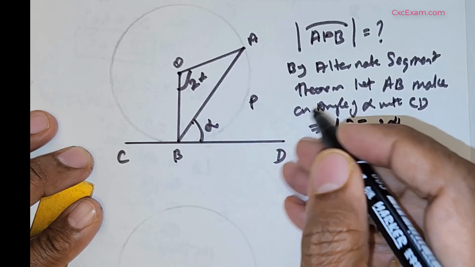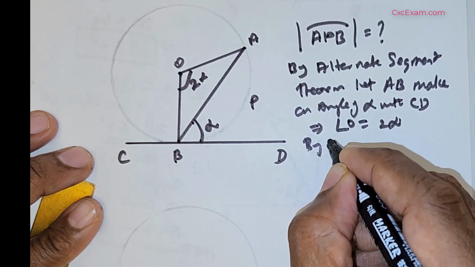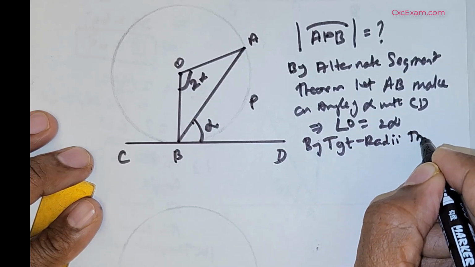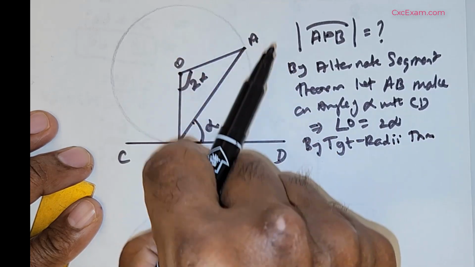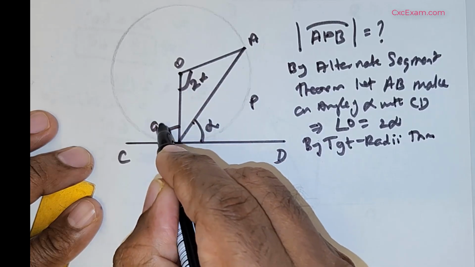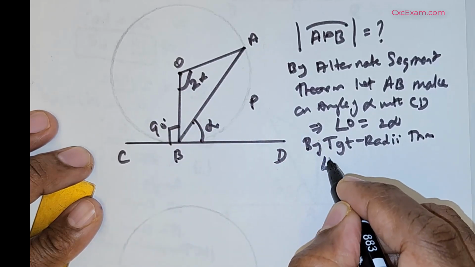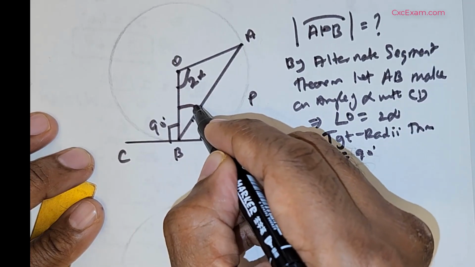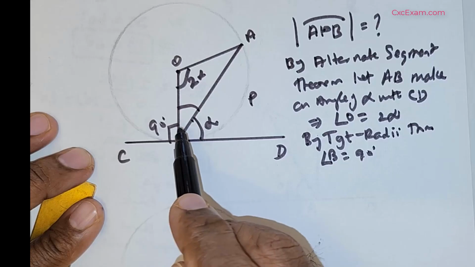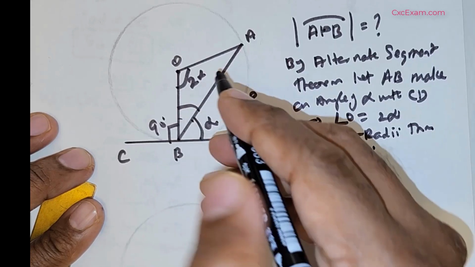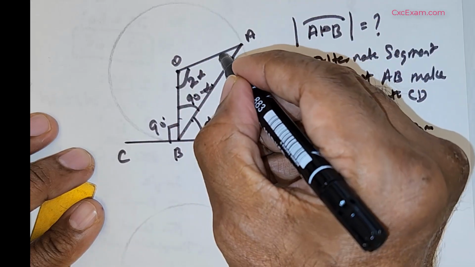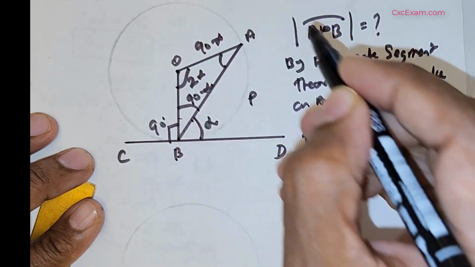Now by tangent radii theorem, this OB will make an angle of 90 degrees. Angle at B is equal to 90 degrees. So this angle is 90, so this is going to be 90 minus alpha. Now this is an isosceles triangle, so this will also be 90 minus alpha.